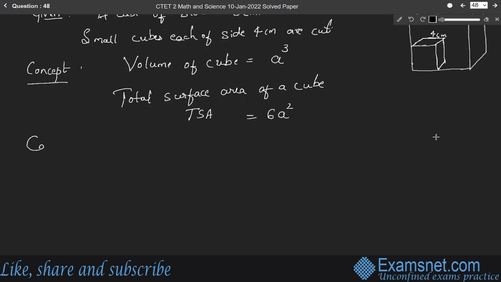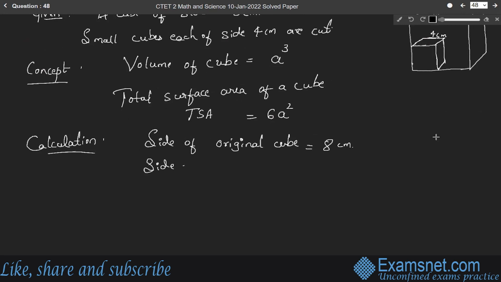Calculation. So here, side of original cube is equal to 8 centimeter. Side of cut cubes, or one cube if you take, 4 centimeter.